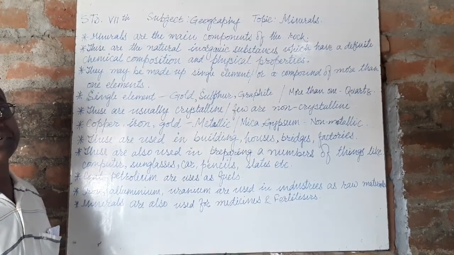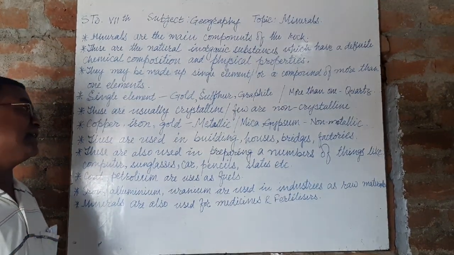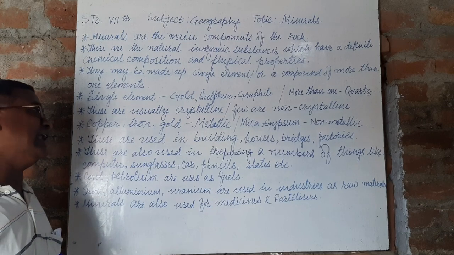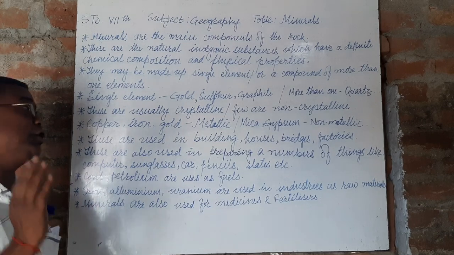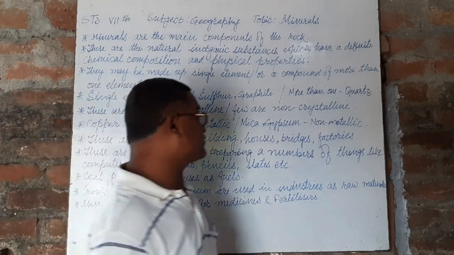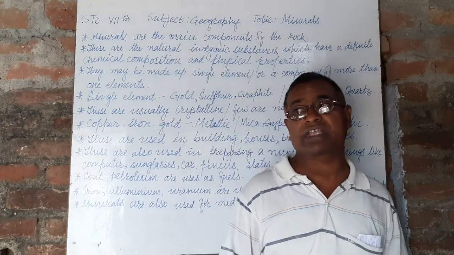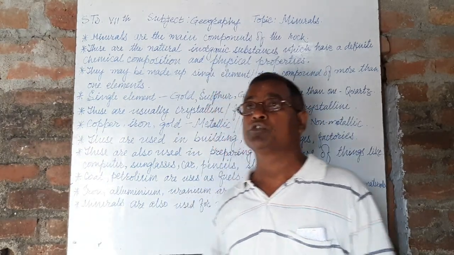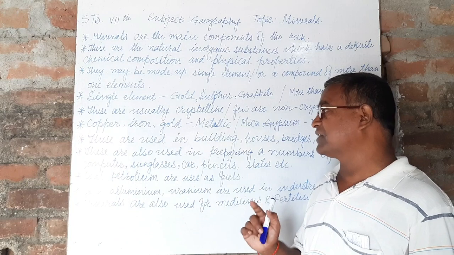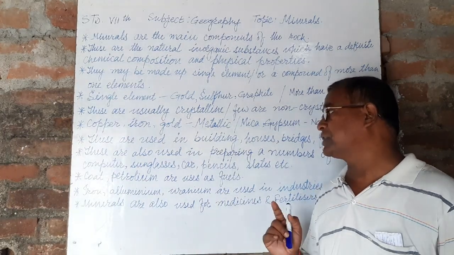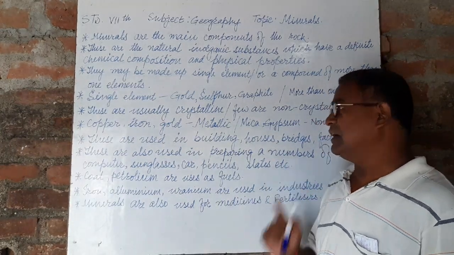All of these are minerals, and without these minerals no houses, no bridges, no factories, and no buildings can be built. So minerals are very important substances in our life.